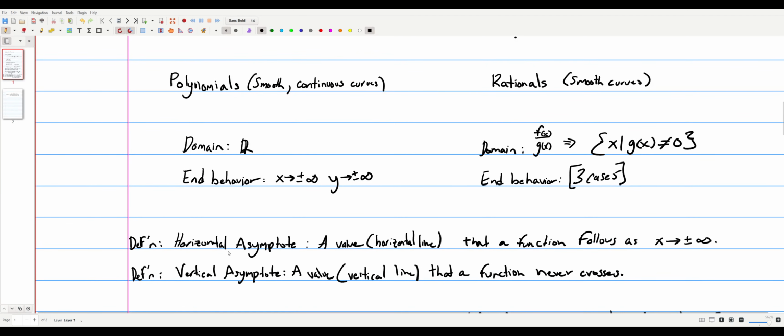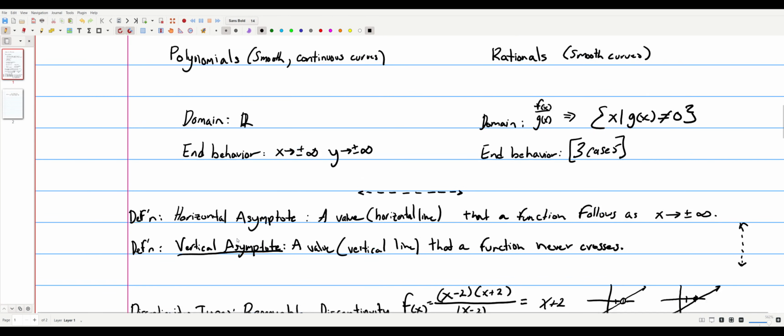A horizontal asymptote visually will be represented by a dashed line that goes on forever. And a vertical asymptote, as the name suggests, is a dashed line that the function can never cross. It's really these vertical asymptotes that remove the continuous part of the characteristic that we gain by being just a polynomial.